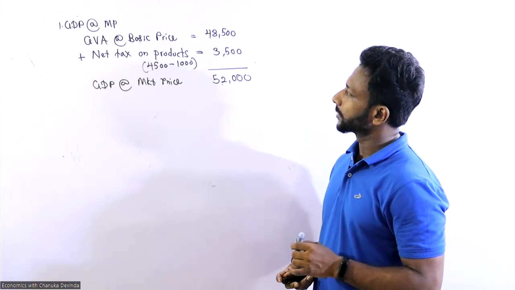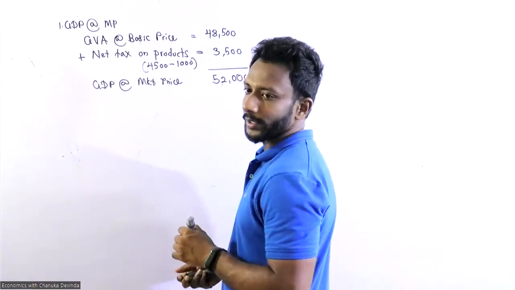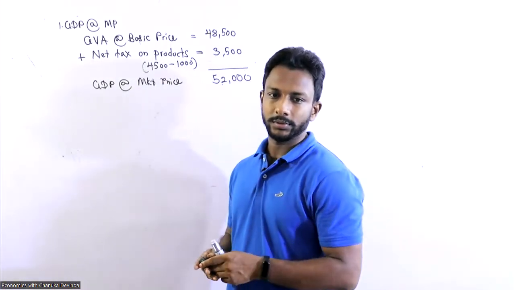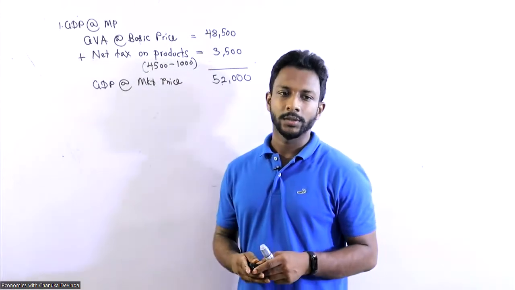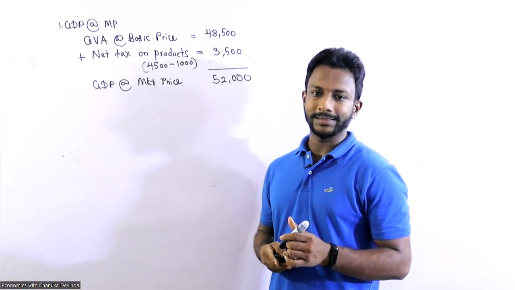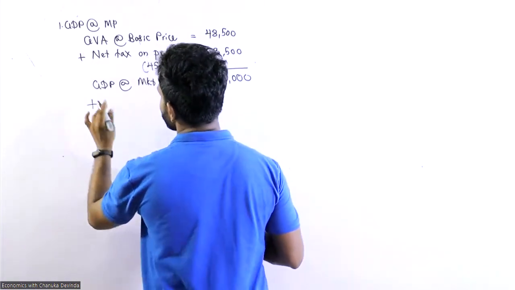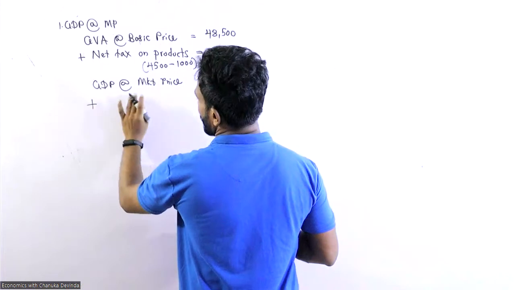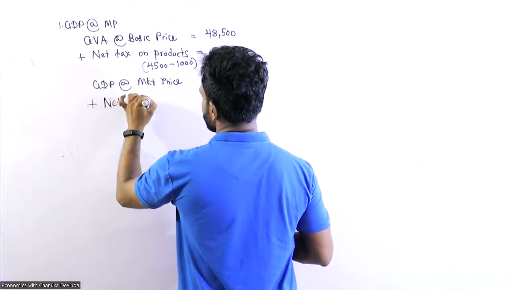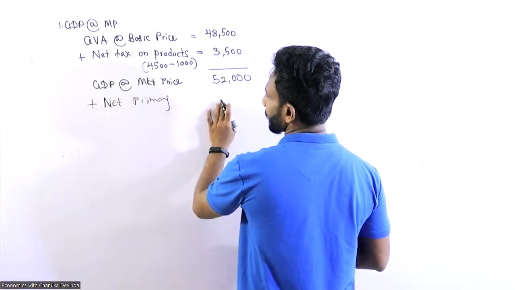You have to add net primary income to the GDP at market price.